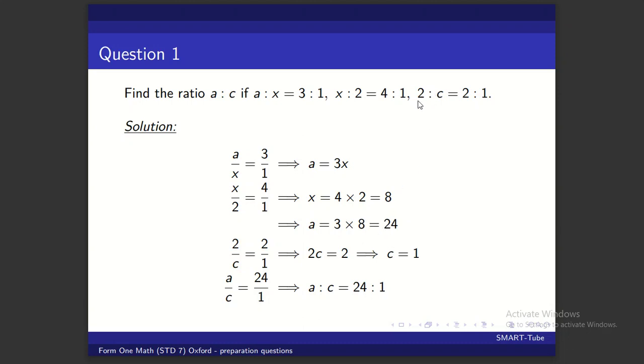Now from the third given condition, 2 over C equals 2 over 1. From this you get 2C equals 2, that is C equals 1.